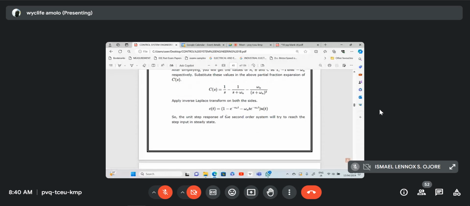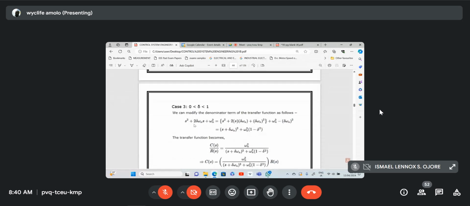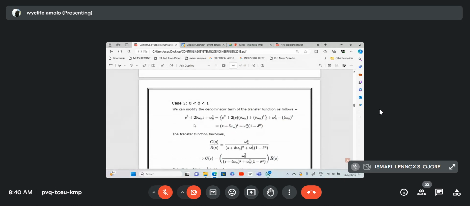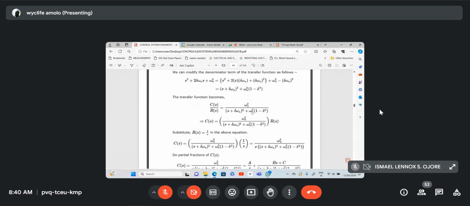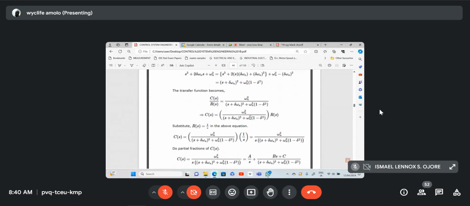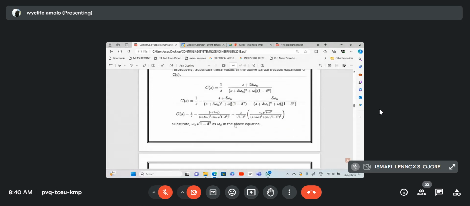So the unit step response of the second order system will try to reach the step in a steady state. So it's moving to a steady state when the damping factor delta is between 0 and 1, but not exactly 1 or exactly 0. We'll be able to write the equation in this manner, and the final analysis will come down to this level.